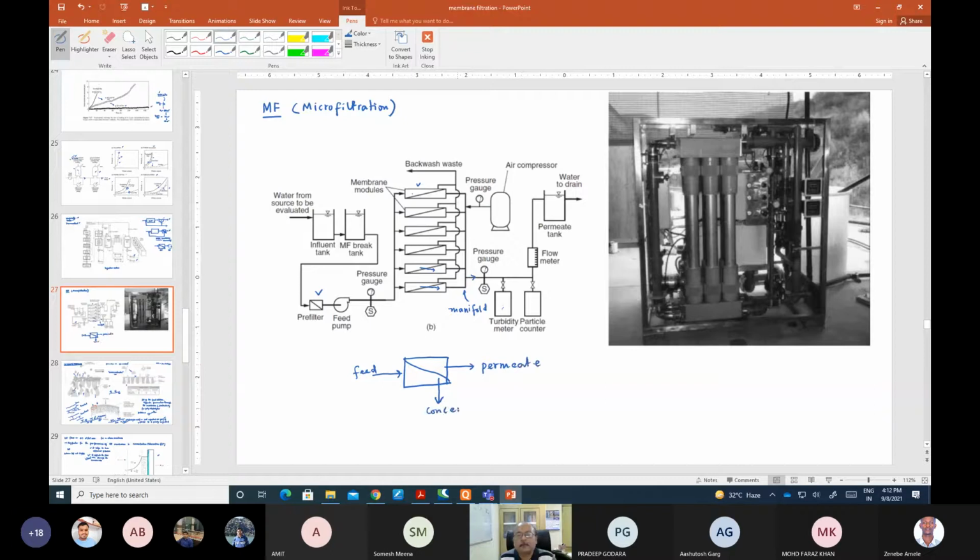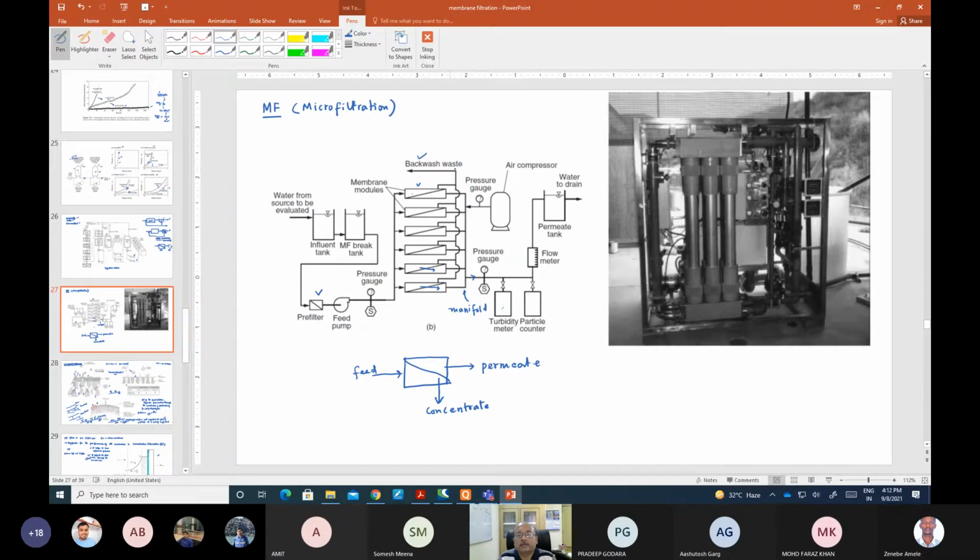Okay, so that means the final volume that you prepare. The concentrate is taken out and it goes out, and it is collected, and it is written here as backwash waste, or this is a waste material that we can understand.